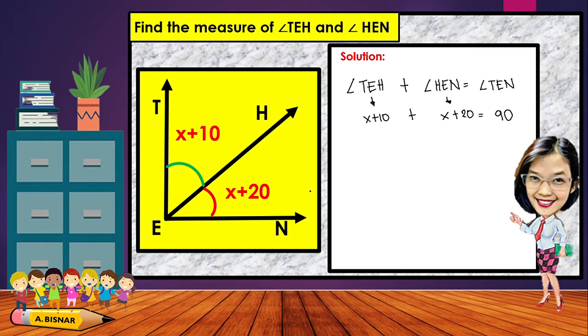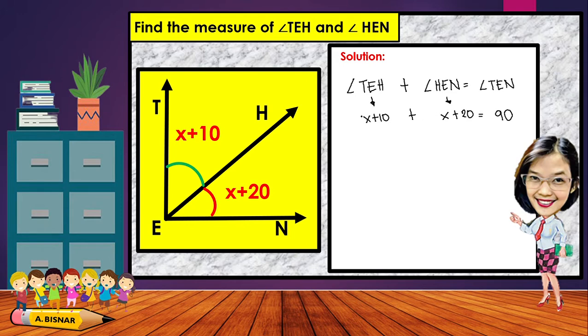So what's next? Here, we have to combine similar terms. Just like from what we have studied about algebraic equations, we have to combine x and x. The numerical coefficient here is 1. Even if you don't see 1, there is 1.